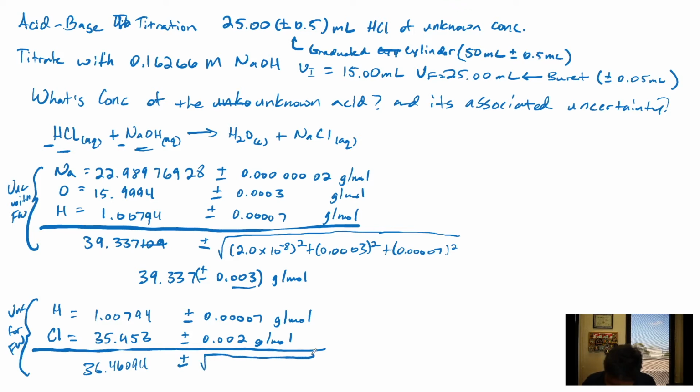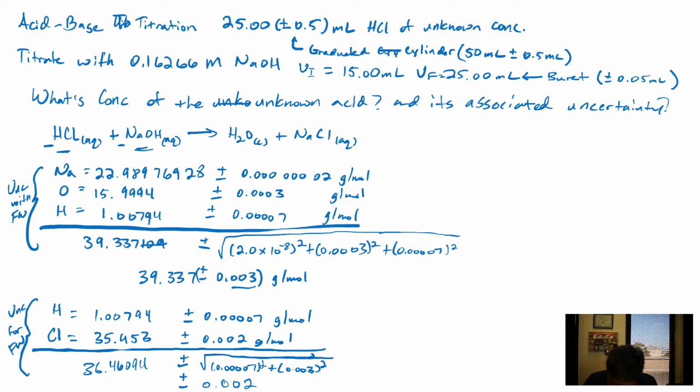The square root of 0.00007, make sure you keep track of your zeros, squared plus the square of 0.002. All right, square root all that. And so what you should get is plus or minus 0.002.